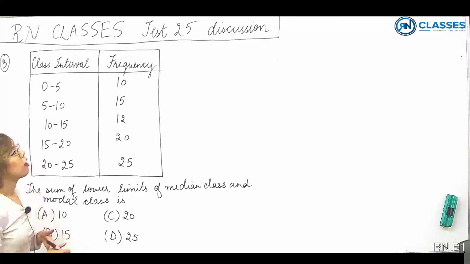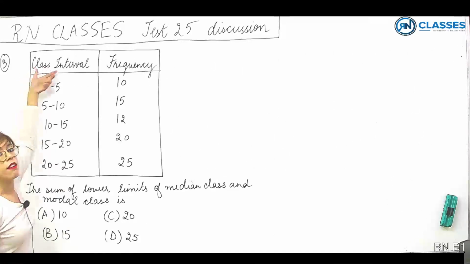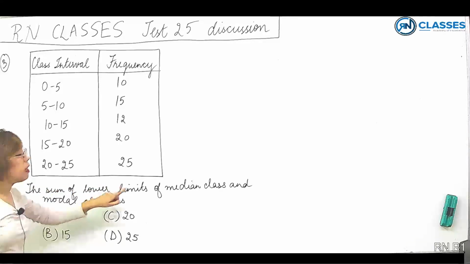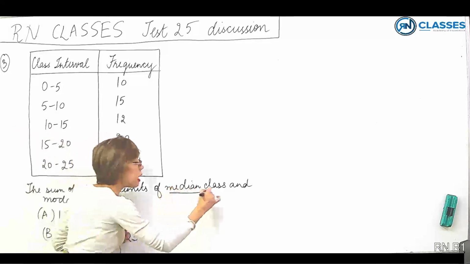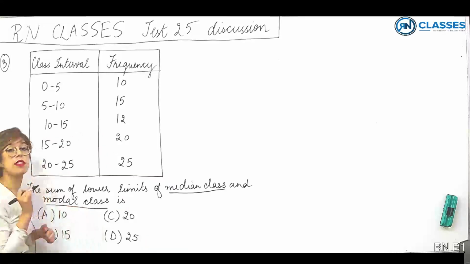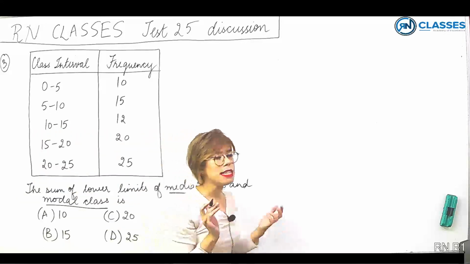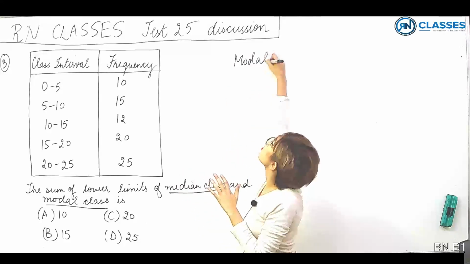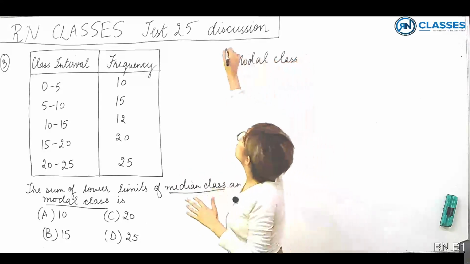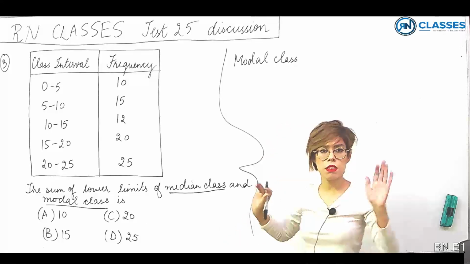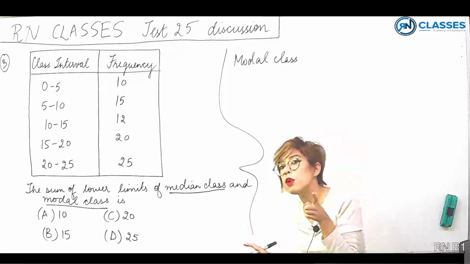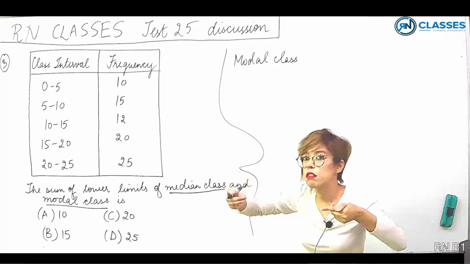Now the next one. Now obviously the table is given to us, class interval frequency. Now I need to find the sum of lower limits of median class as well as modal class. So first of all, let's identify the modal class. Now mode. Mode is what? Layman's term. It is the value of the observation which most frequently occurs.